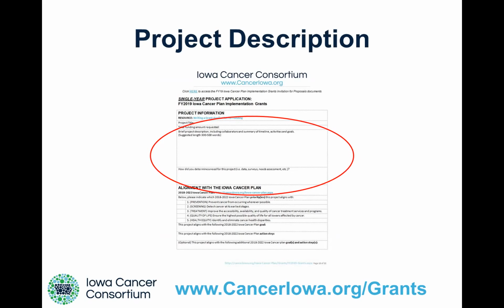Okay, so the project description is your opportunity to really explain your project to us. We're asking you to identify target audience, your project's reach, and explain why your organization is a good fit to carry out the project, and also explain how your goals will be met. I mentioned being as specific as possible. You're the subject matter expert on your project, but our external reviewers, the staff, and the board are not.